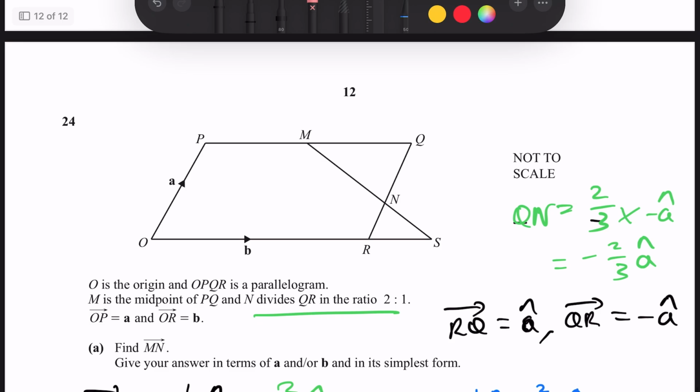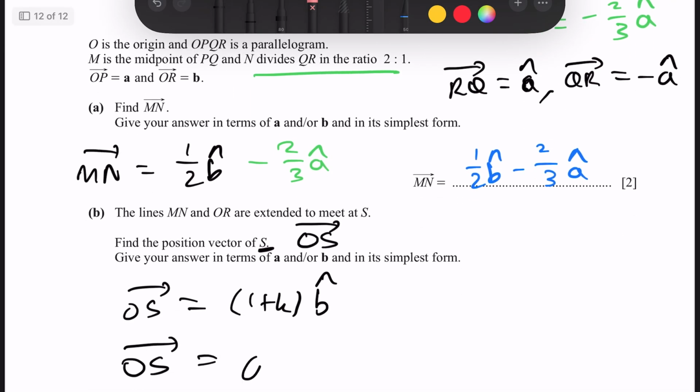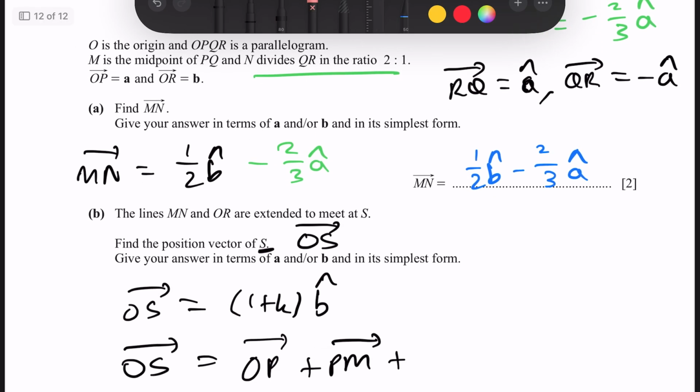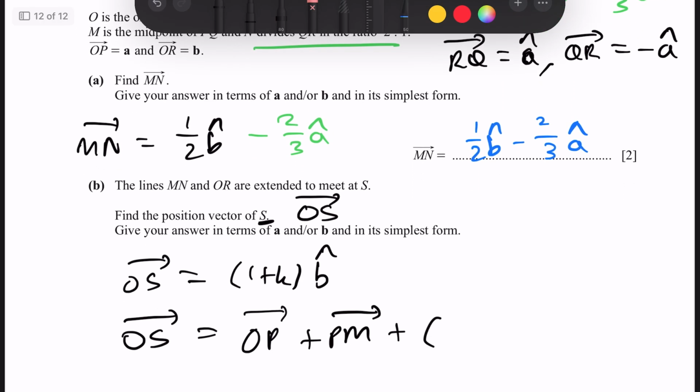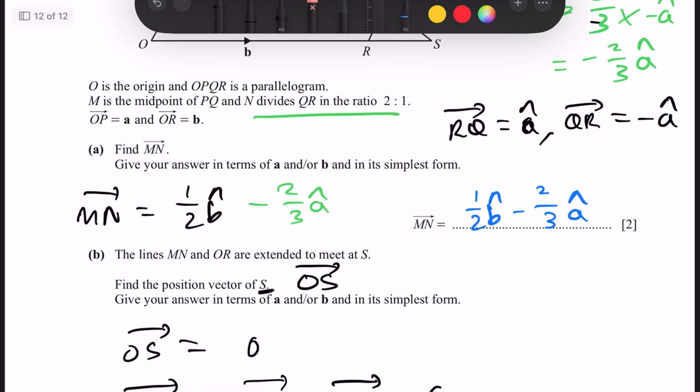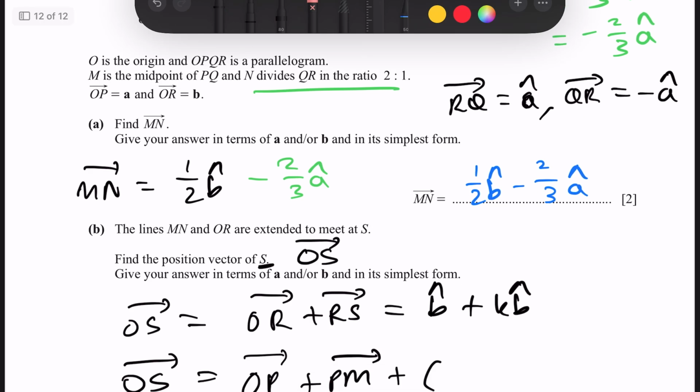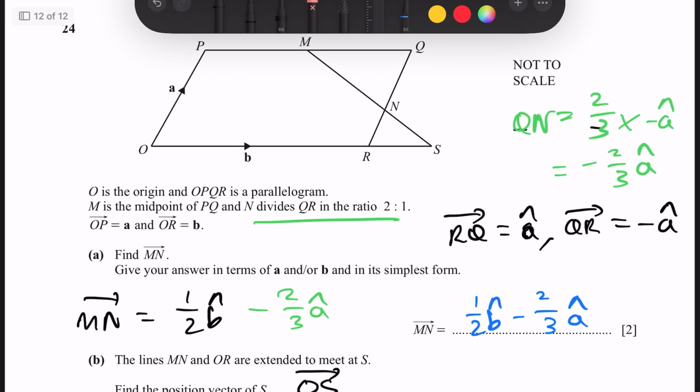The second way is equal to OP plus PM plus MS, which we can take to mean, if I rewrite OS as OR plus RS, which is equal to B plus KB, to make it simpler for future reference. So OS in the second way would be equal to OP plus PM plus MN plus NS.